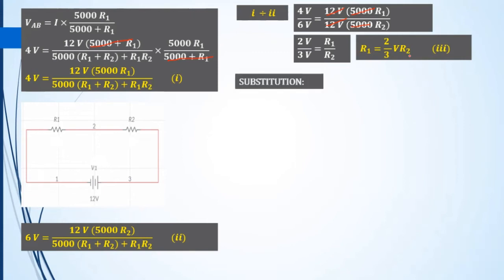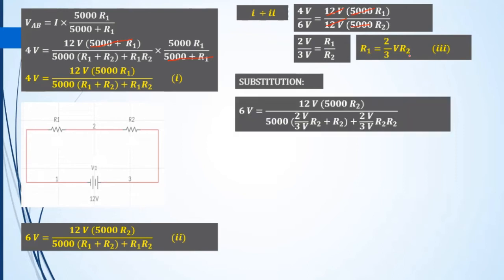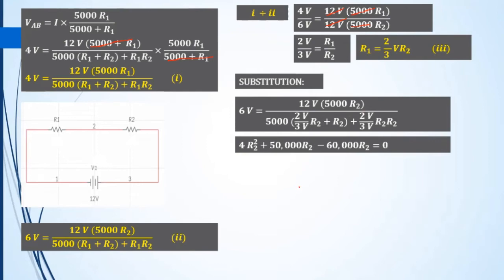We will be substituting in this form so that we can get our values for R1 and R2. Since here, we will be using equation number 2, we are substituting into equation number 2 the equation number 3, which is the R1.